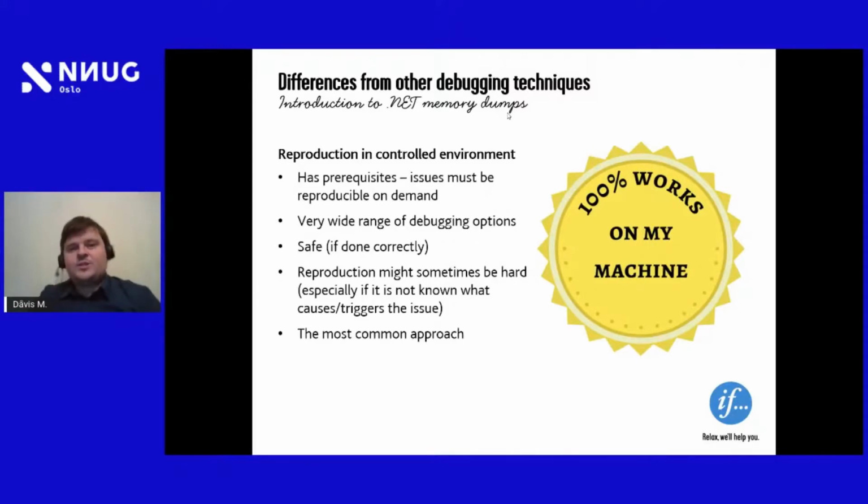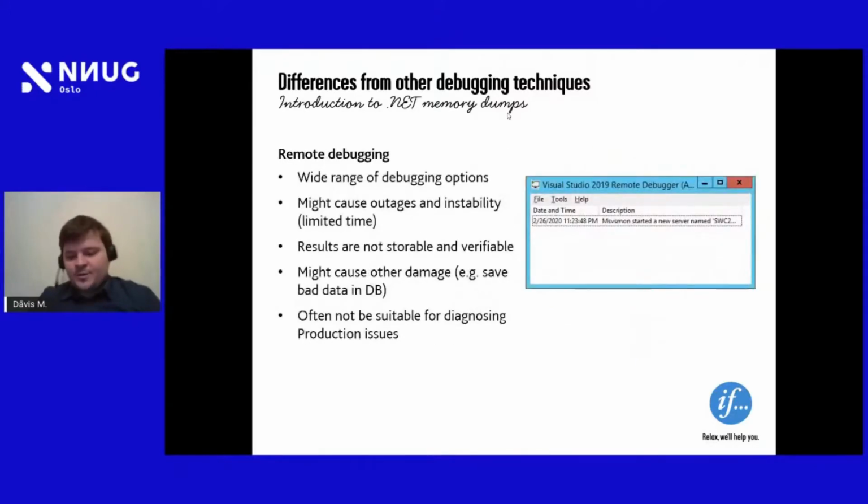when the reproduction is not available, a common thing which people do, and that's actually sometimes very handy, very good, and in other cases not so good, is just doing remote debugging. Remote debugging, of course, has a wide range of debugging options. You can step into methods.